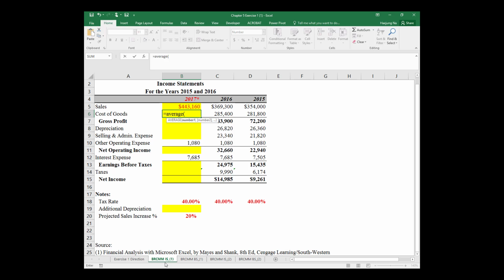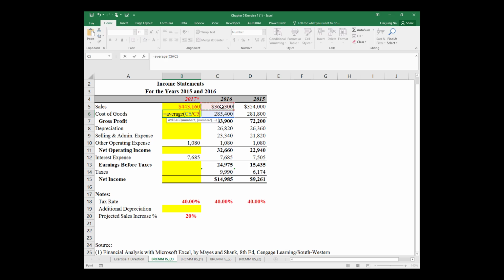It has to be exactly the same as what Excel would require you to write. So average, open the parenthesis, and you will have to calculate the ratio, COGS divided by sales, all right, for 2016.